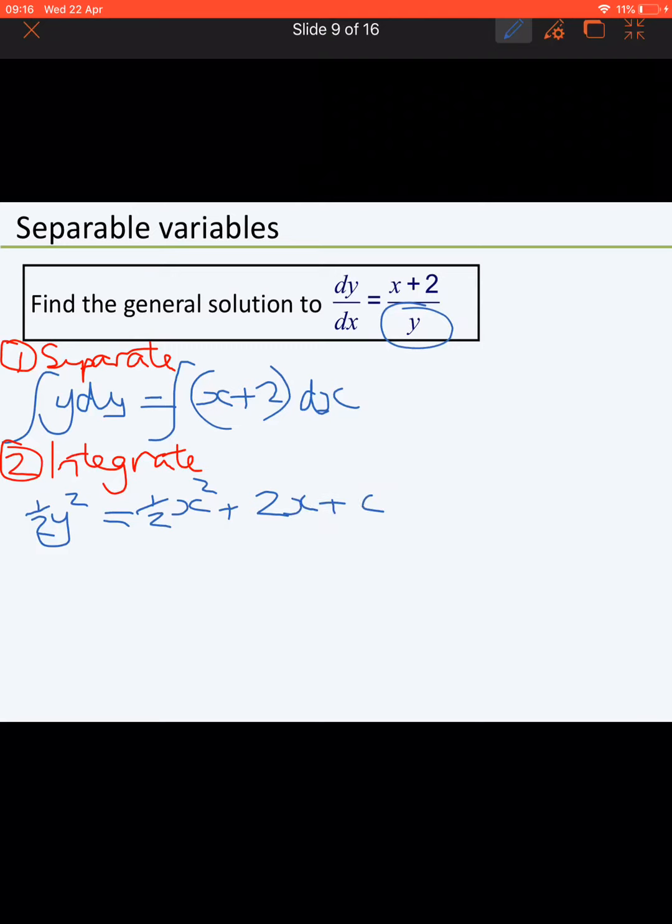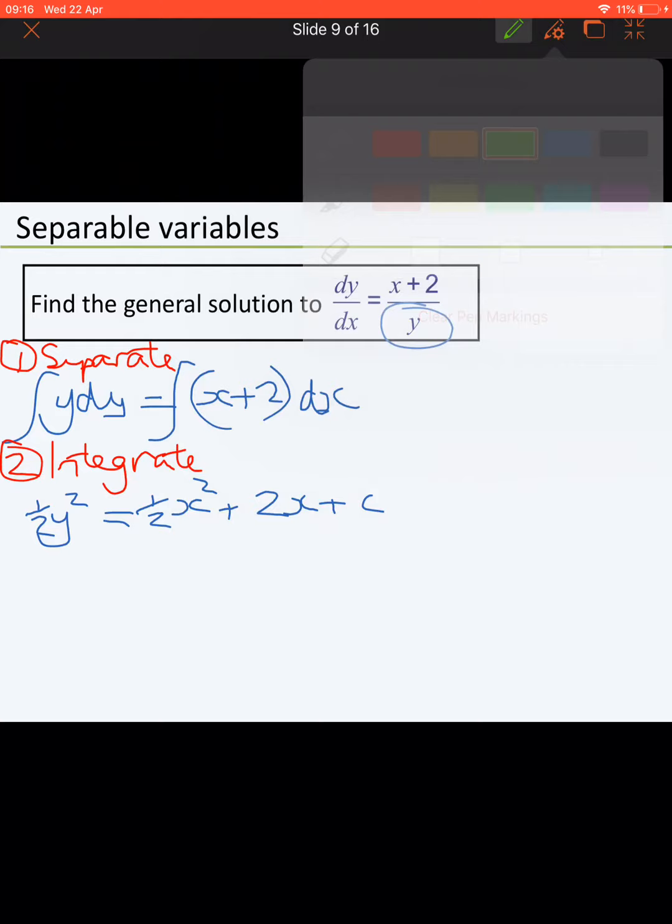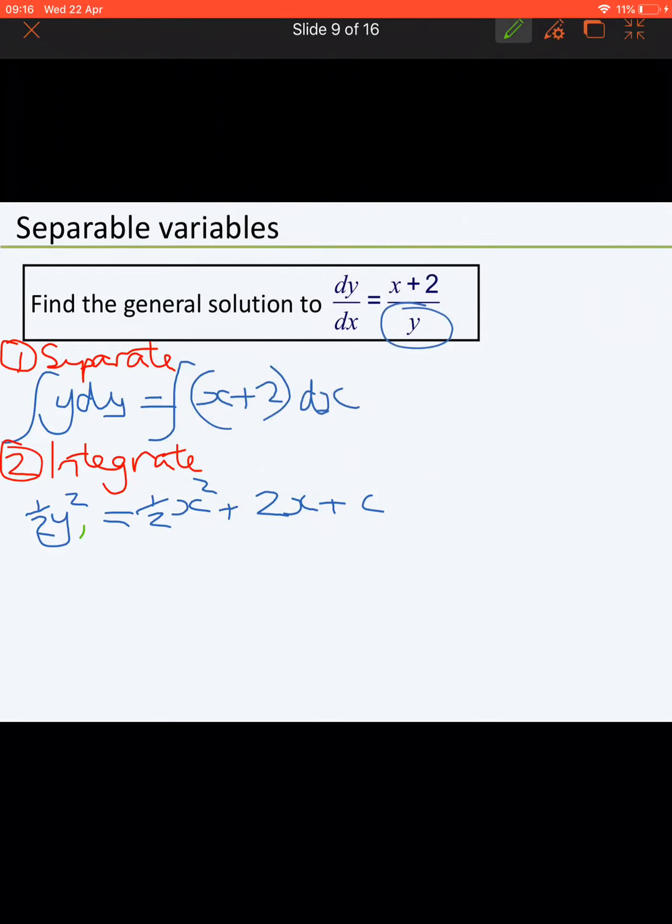You might be wondering at this point why I've only put the c on one side and not on both sides. In theory, it would make sense to put, for example, let's use a different letter, C1 on the left hand side and a constant 2 on the right hand side. Then I could bring the constants together, C2 minus C1.